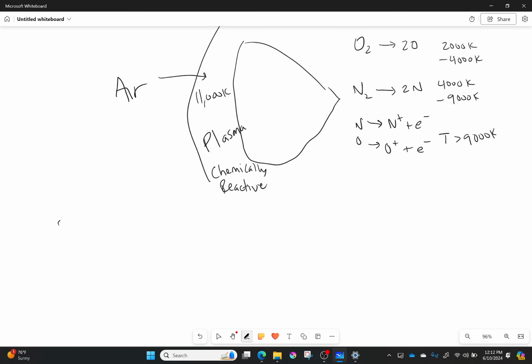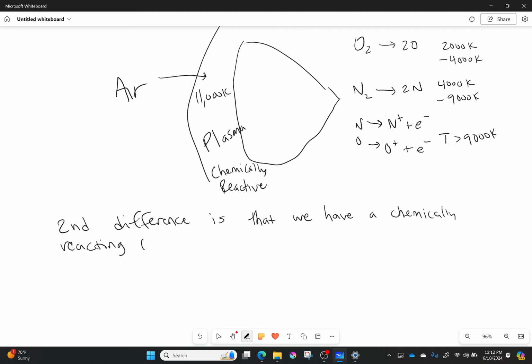Okay, so the second big difference is that we have a chemically reacting flow. So tables no longer apply.